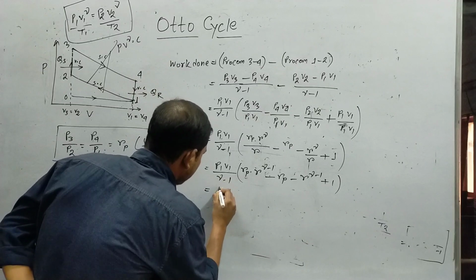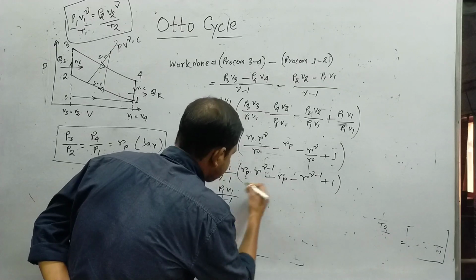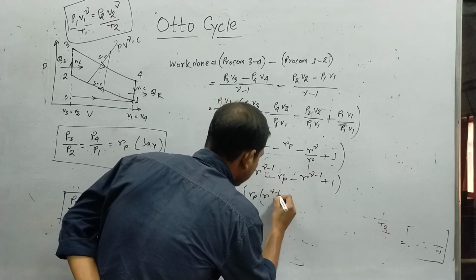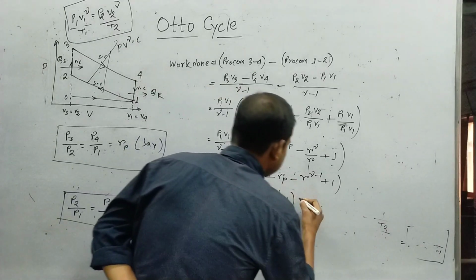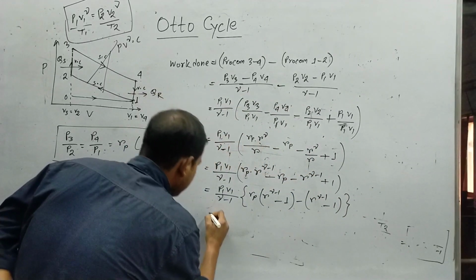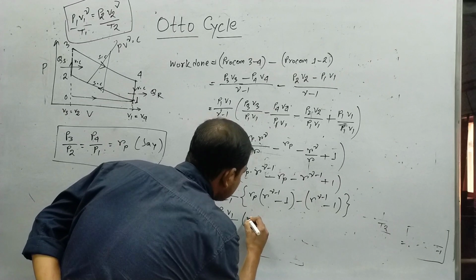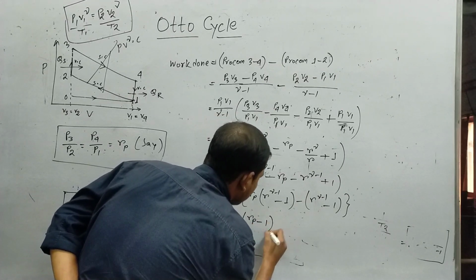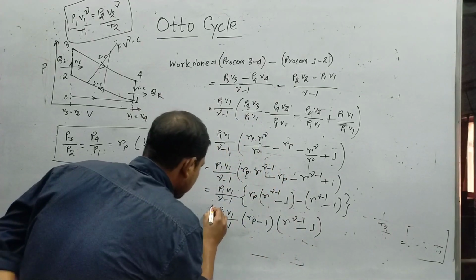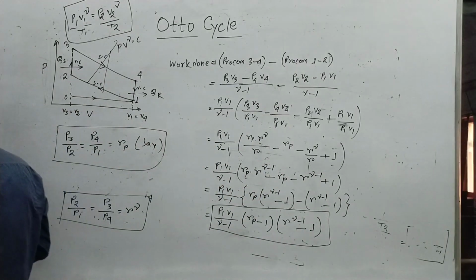If we take common P1 V1 to the power gamma minus 1 from this, and take common RP, then this will become R to the power gamma minus 1 minus 1, and total this will become P1 V1 by gamma minus 1 into RP minus 1 into R to the power gamma minus 1 minus 1. So we can say this is the final equation for the work done in case of Otto cycle.